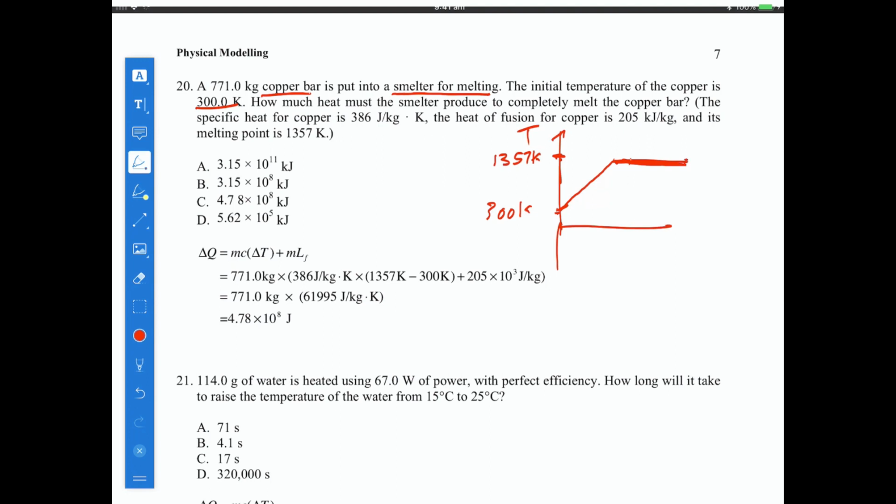So two parts: one is M C delta T, plus M times the heat of fusion.